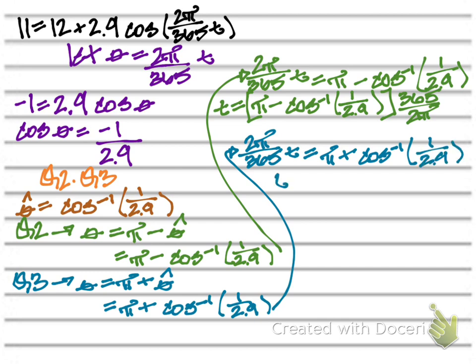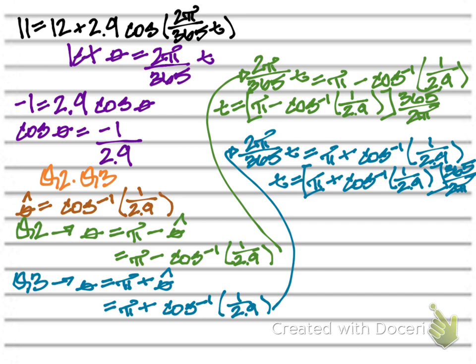So for t, again, I'm going to multiply both sides by the reciprocal. Pi plus the inverse cosine of 1 over 2.9, all of that times the 365 over 2 pi.